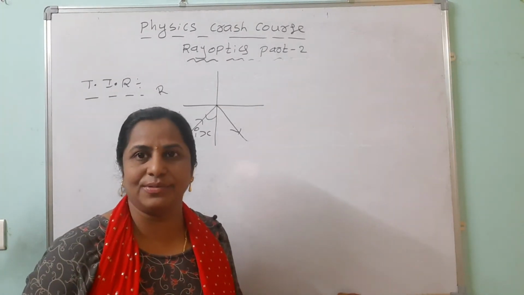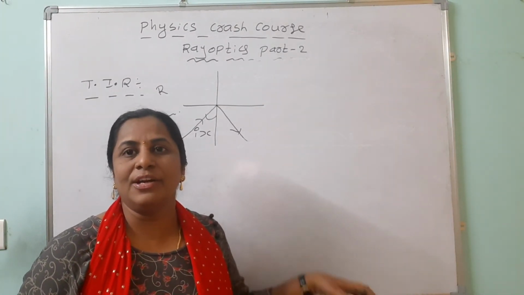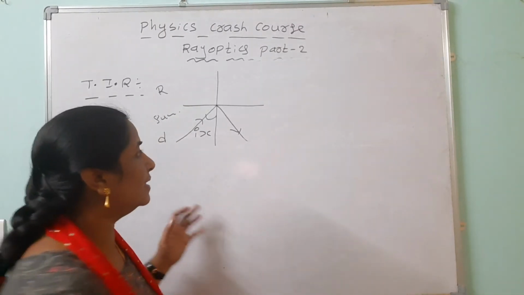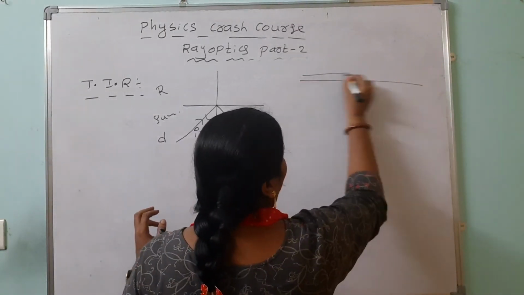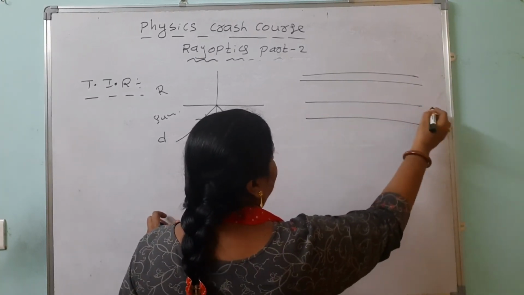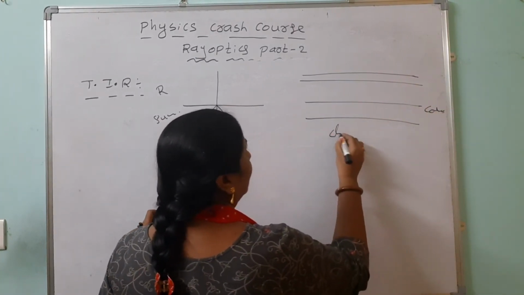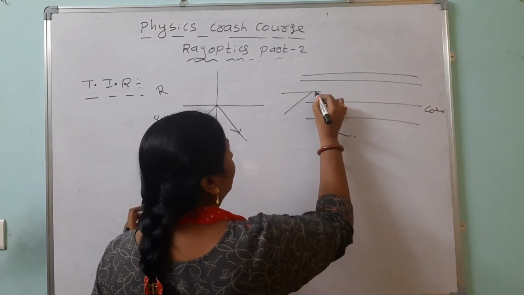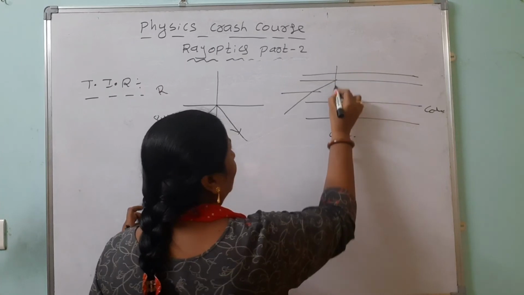Mostly this we use in optical fibers to send information without loss. Actually, it has two layers. One is the core, another is the clad. Inside is the core and this is the clad. When light falls on the surface, first it goes like this, bending. Here one more normal.